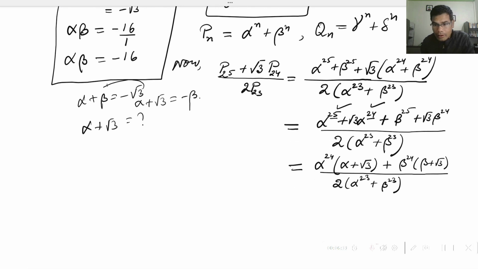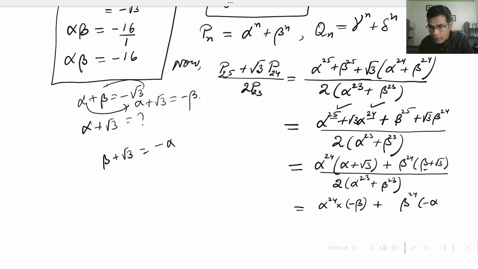Therefore this whole thing, alpha to the power 24 multiplied by minus beta, plus beta to the power 24. In the same way, if you take beta plus root 3 and take alpha to this side, it will be minus alpha. So here will be minus alpha, then the whole thing divided by 2, then alpha to the power 23 plus beta to the power 23.